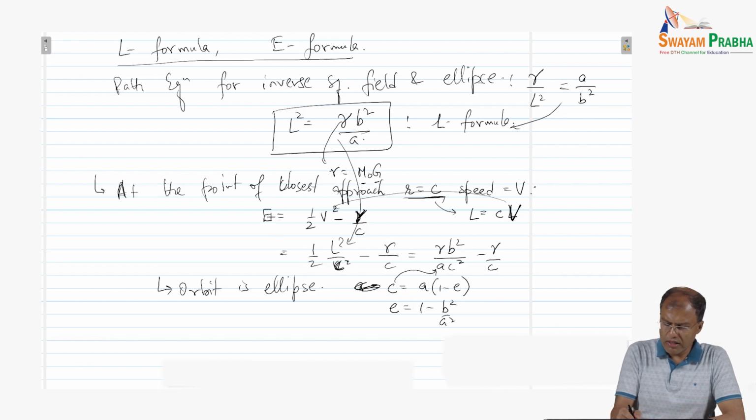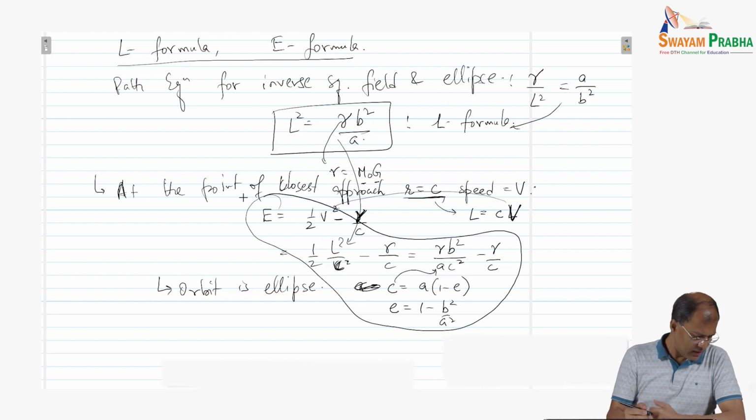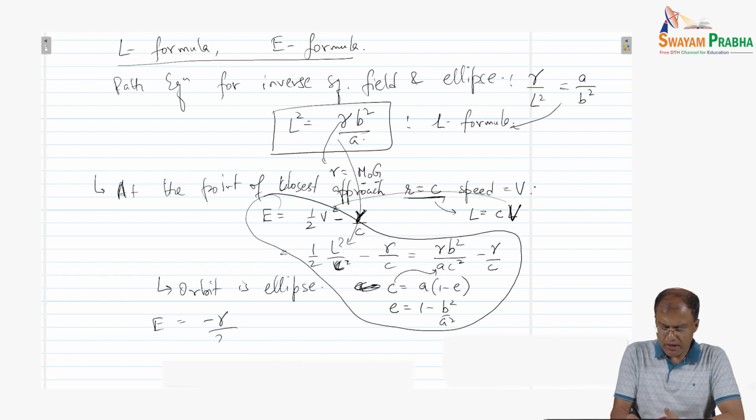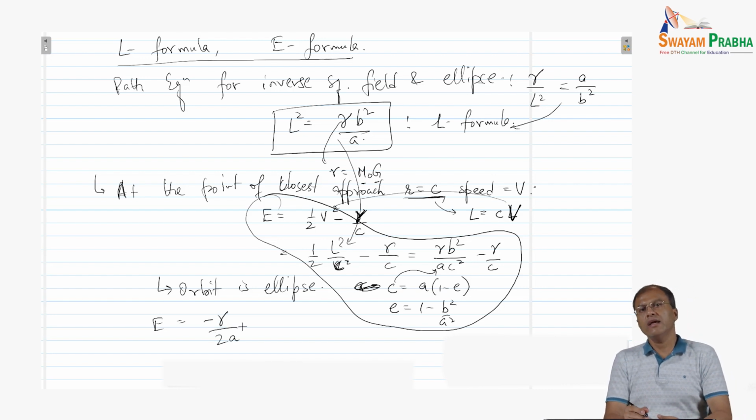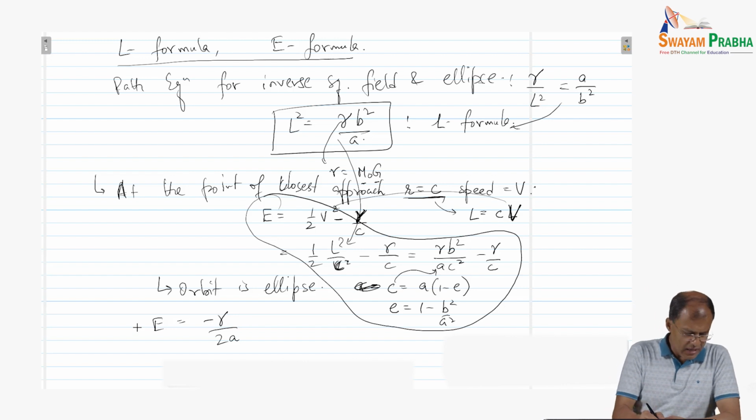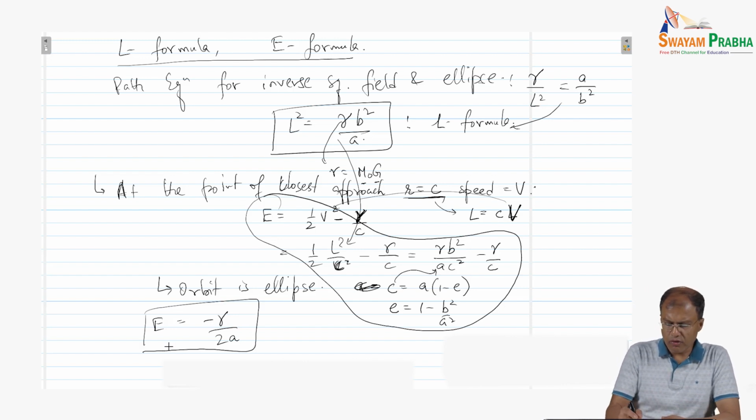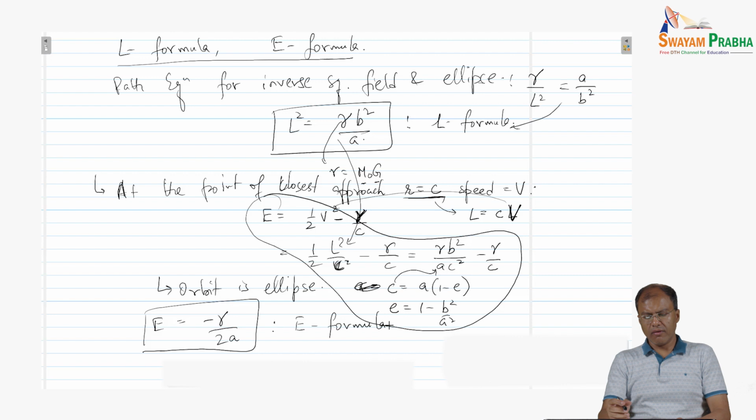Using all this information, after plugging in everything, my E comes out to be minus gamma by 2a. This is the energy of the planet traversing on the ellipse, and that is going to be another constant, and we term this my E formula for the orbital motion. Remember, both angular momentum and energy are conserved for the planetary motion.